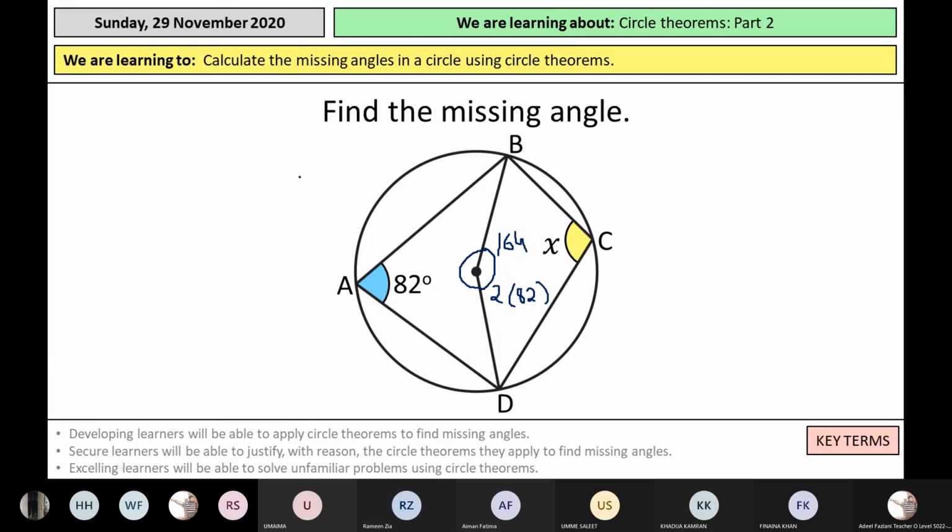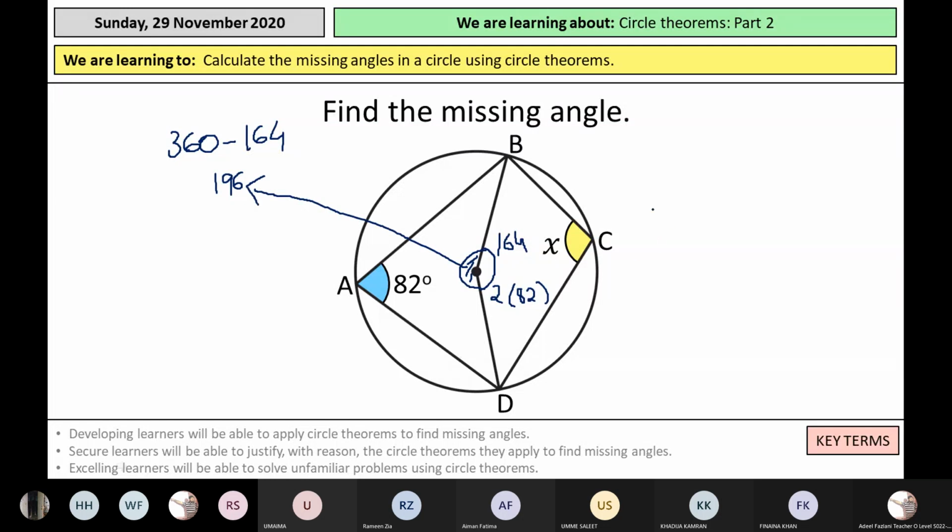Round is 360. So your 360 minus 164 is what? 196. If this angle is 196, all right?